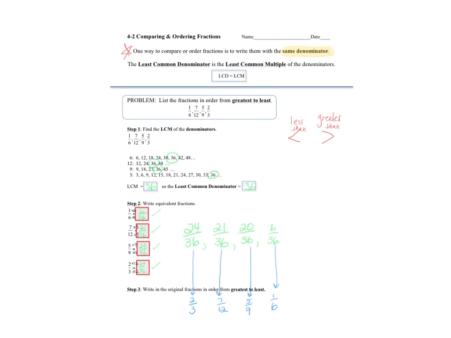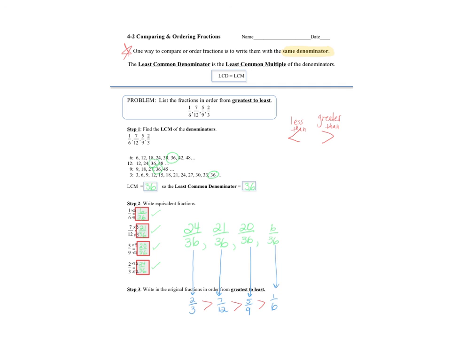So that means we can put a greater than sign in between 2/3 and 7/12. We also know that 7/12 is bigger than or greater than 5/9, because as we move to the right, they're getting smaller, aren't they? Because we ended with the smallest one. So we can also put a greater than sign here, because what we're saying so far is 2/3 is greater than 7/12, and that is greater than 5/9. And then one more time, 5/9 is greater than 1/6.